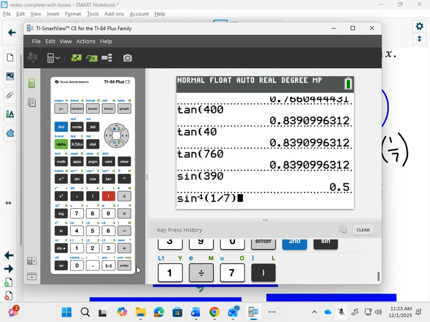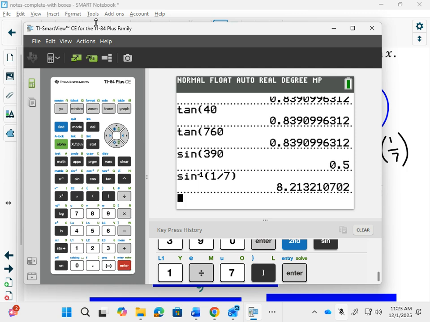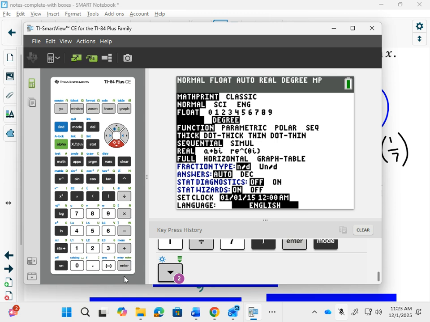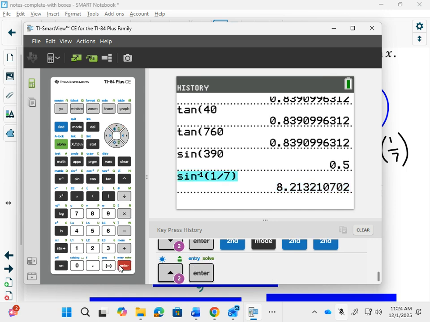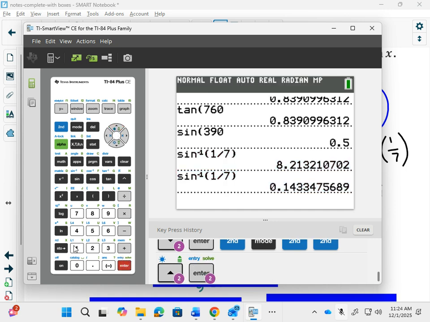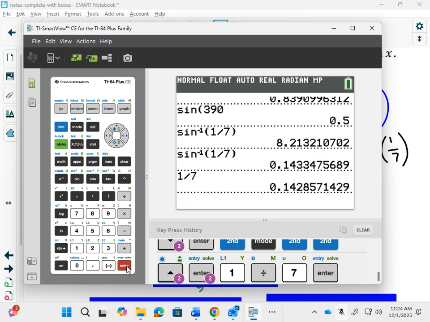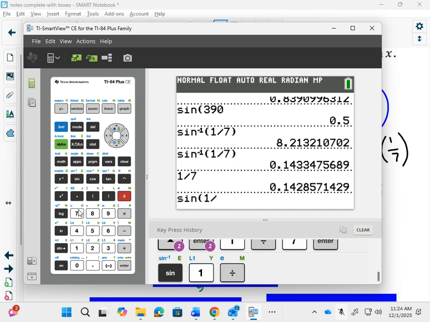Sine inverse of 1/7 is, oh, I'm in degrees. Hit my mode, back to radians. Type that in again. 0.143. The kid that just decided on 1/7, 0.1428. Sine of 1/7.